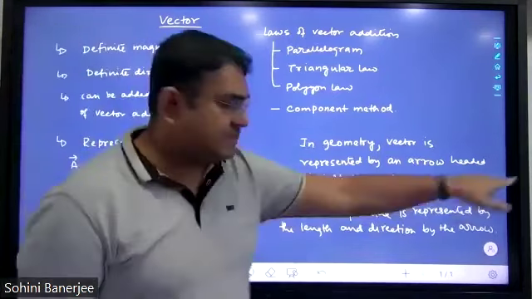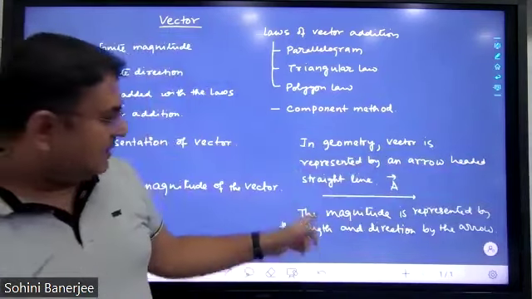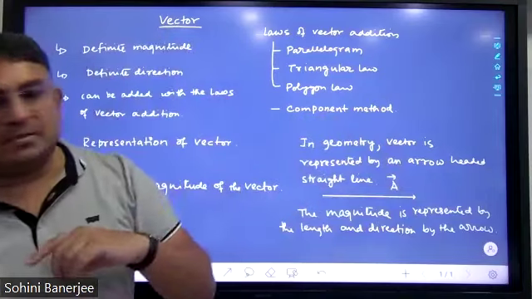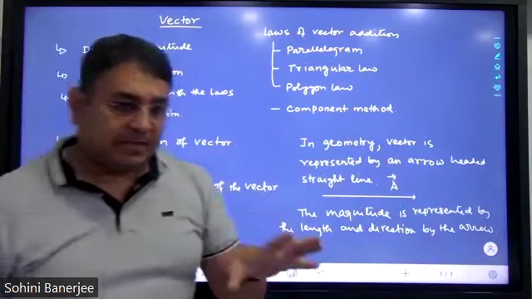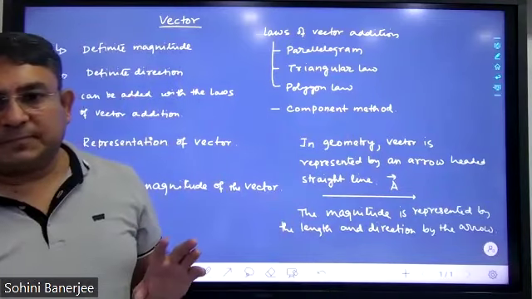So this arrow suggests the direction and the length of the straight line represents the magnitude. That is how we represent a vector in geometry. Clear?